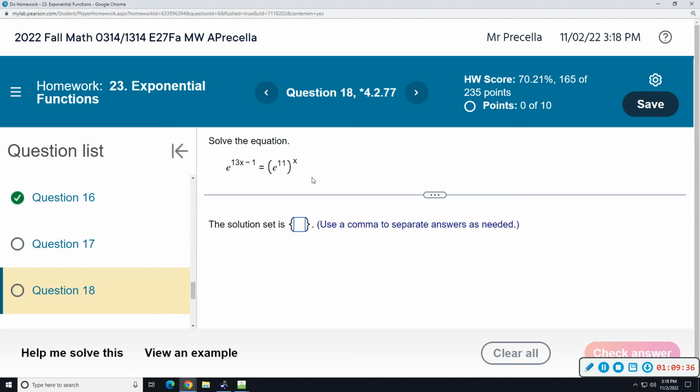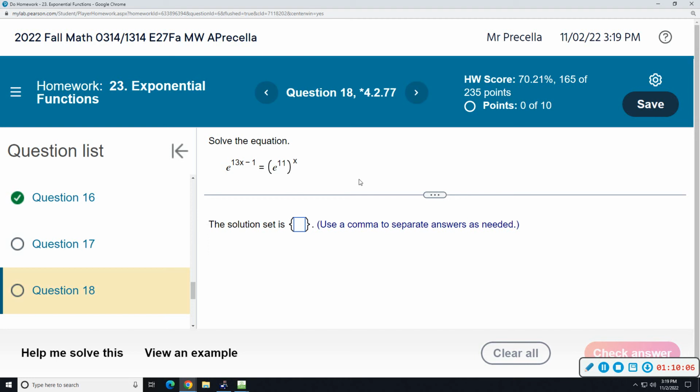Well, it looks like I'm going to be using a common base of e. As I said, if you have an e on one side, you better have an e on the other side, because you're not going to write e as a power of anything other than e. So we have e to the 13x minus 1. Hey, we have a power raised to a power. What did I say we do with the power raised to a power?